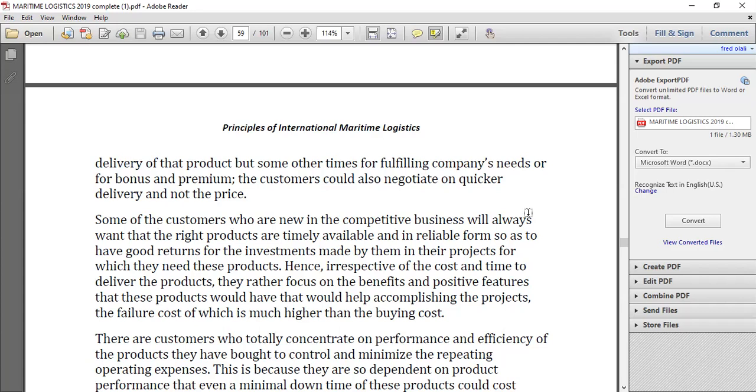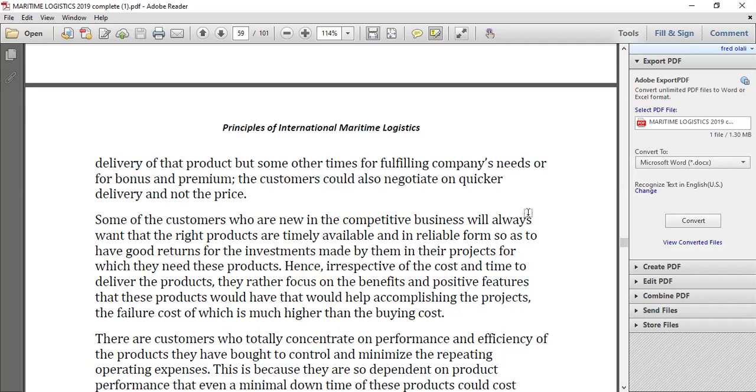Some can also bargain on bringing the price down. They say, no, it is quite expensive for me, can you please reduce the price a little? Some of the customers who are new in the competitive business will always want the right product, timely available and in reliable form, so as to have returns for the investment made in the project for which they need this product.